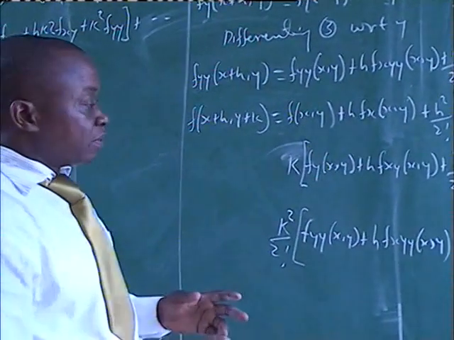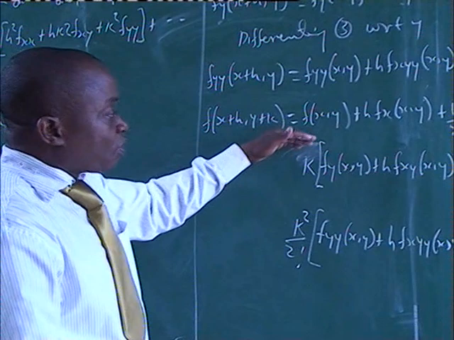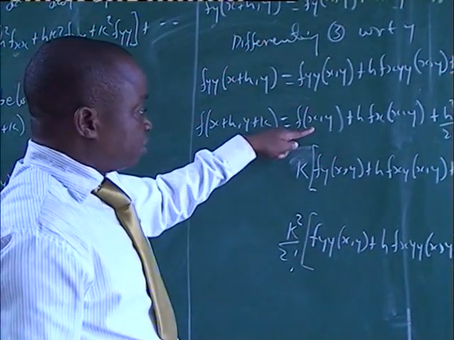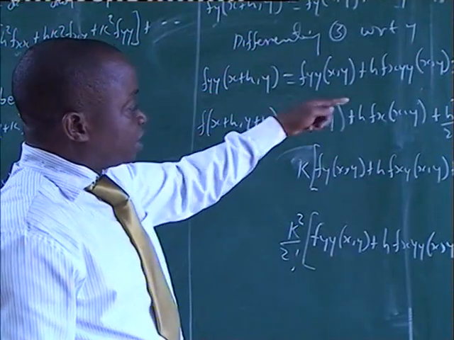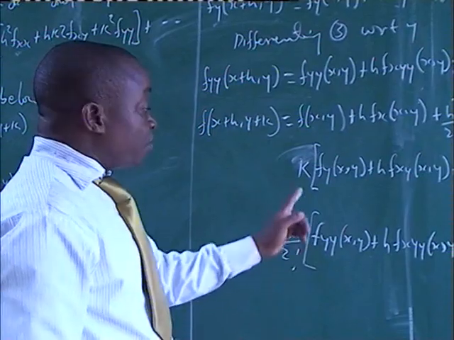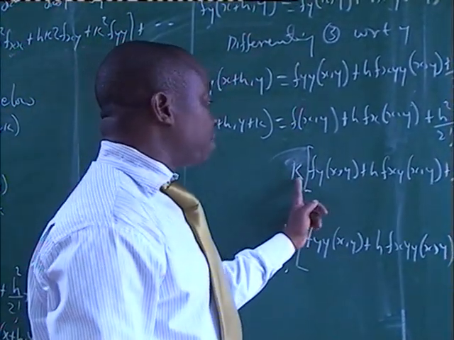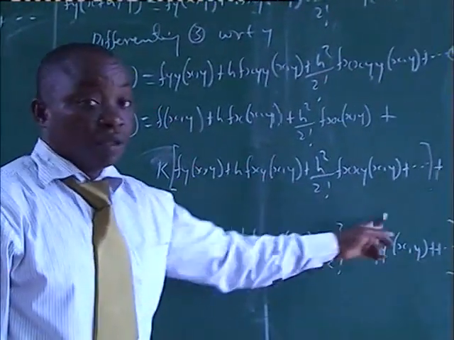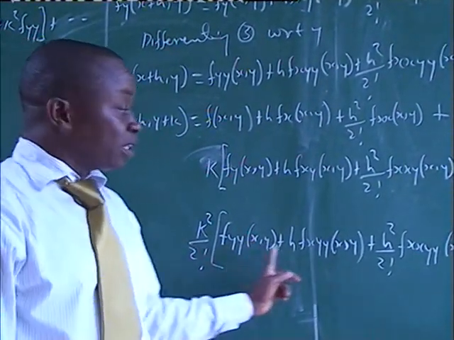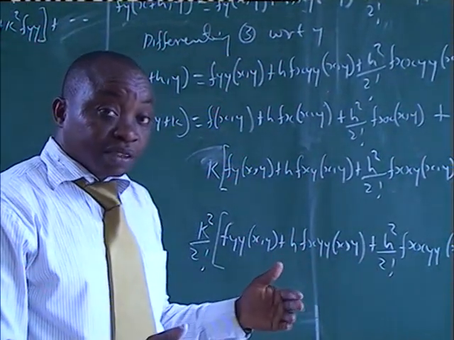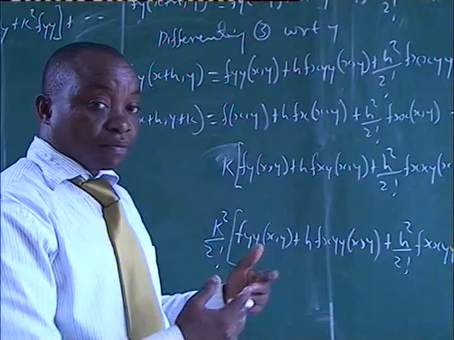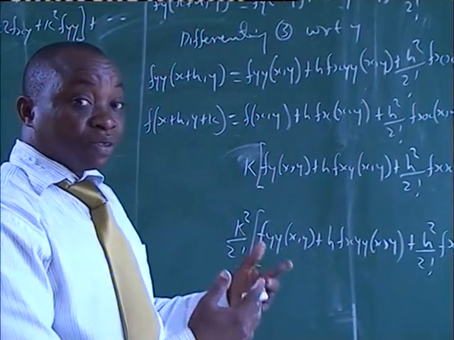Now what we do is collect corresponding orders. To cut it short, we multiply k through, and we also multiply k squared over 2 factorial through. When you do that, you collect the like orders, first partial, second partial, together.